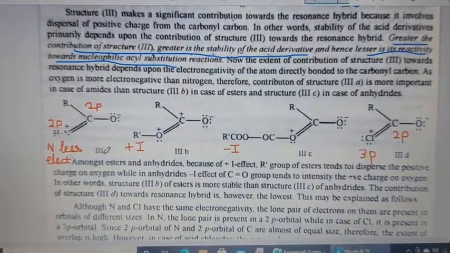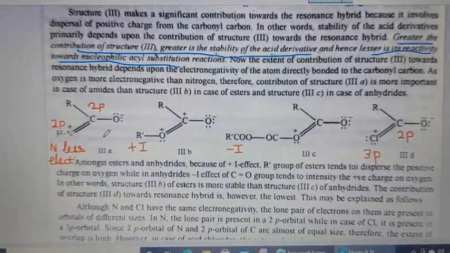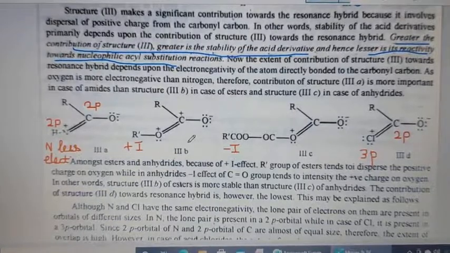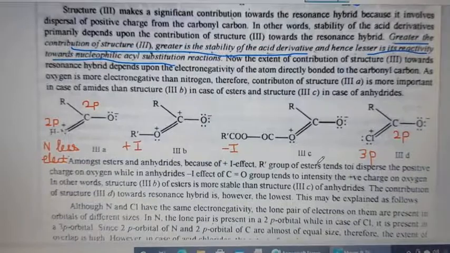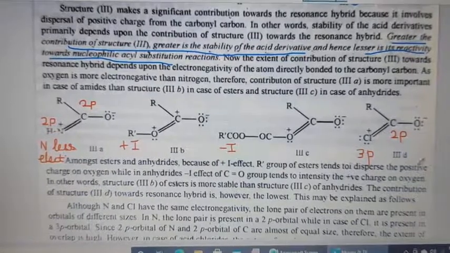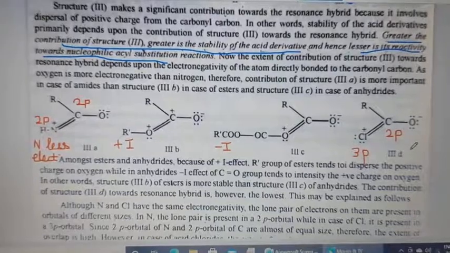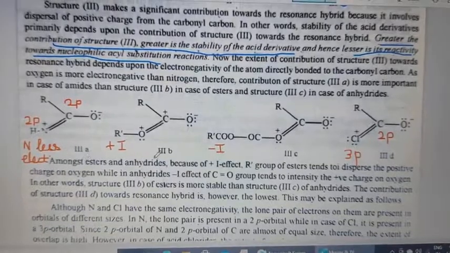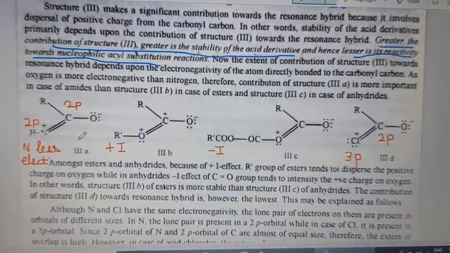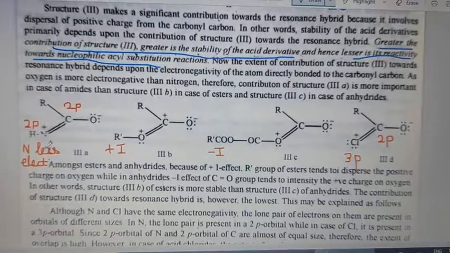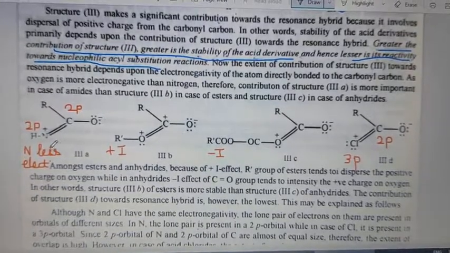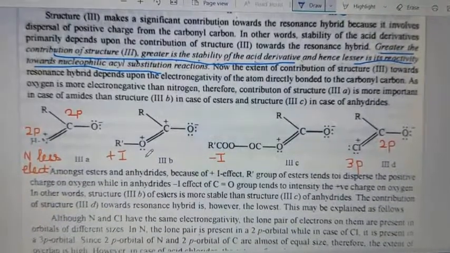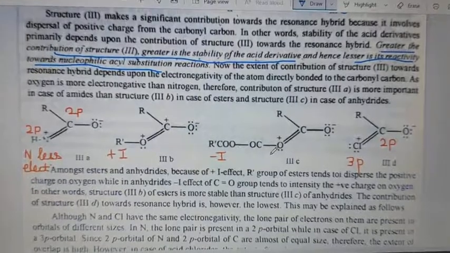Structure 3A shows the third structure of acid amides. Structure 3B shows the case of ester. Structure 3C shows the case of anhydride. Structure 3D shows the case of acid chloride. First of all, we will compare 3A with B and C. In structure 3A, in the case of acid amide, there is a nitrogen atom, and this nitrogen is less electronegative than the oxygen of ester and anhydride.